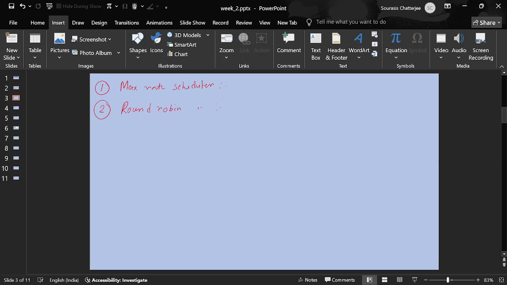It has already made up its mind that at this time instant I'm going to serve user 1, or at this instant I will serve user 2, irrespective of what their SNR is. So they are serving or scheduling in a round robin format. So what can we say about the pros and cons of round robin scheduling over max rate scheduling? Can one of you point out a pro and a con?